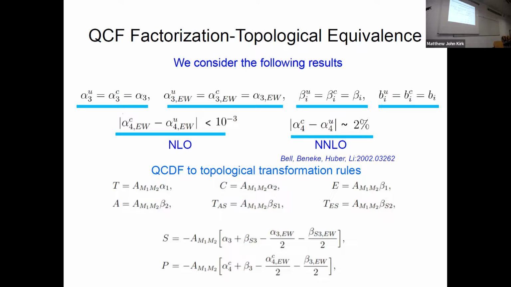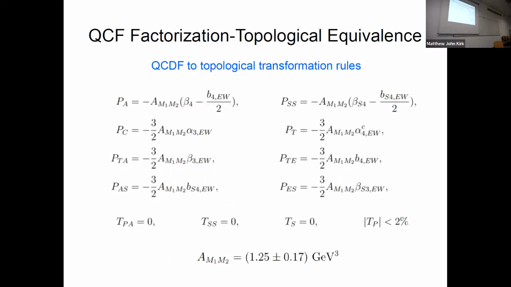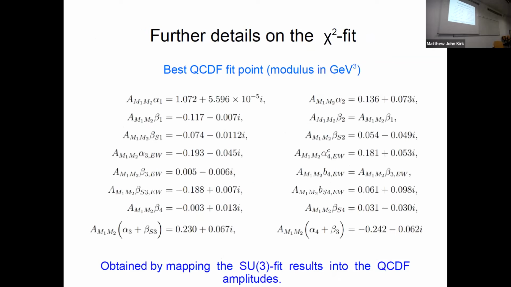Yes, this I understand. It comes from the fact that betas do not have contributions from penguins with different quarks. This tells you that these quantities are zero, it's your range. The fit you did before doesn't give you zero. Not per se. Now you impose it exactly, as a further constraint. Exactly. Yes.